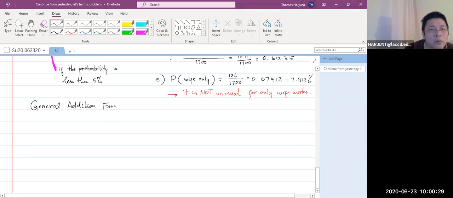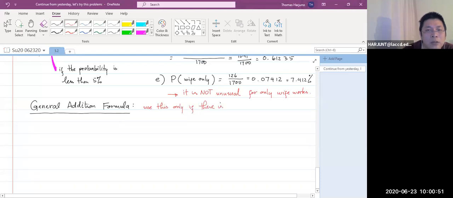You see this formula in our textbook. I never mentioned this formula until now because we don't need to use it, but I write it as a note: use this only if there is no Venn diagram and no contingency table.